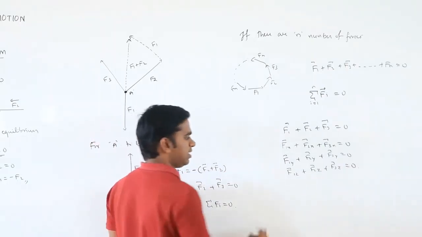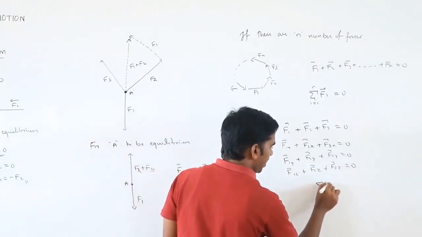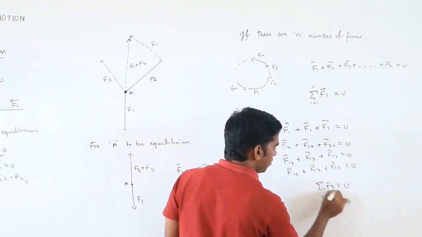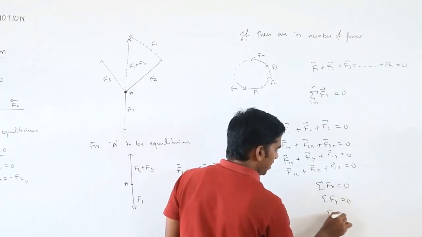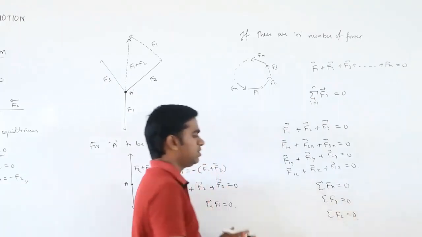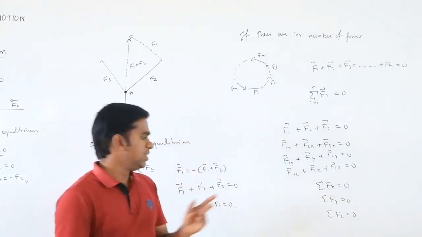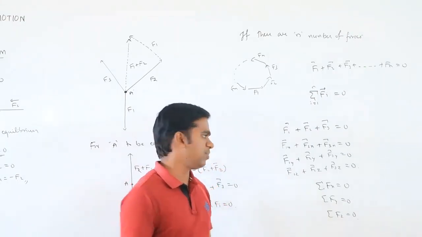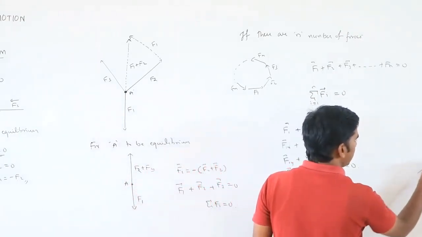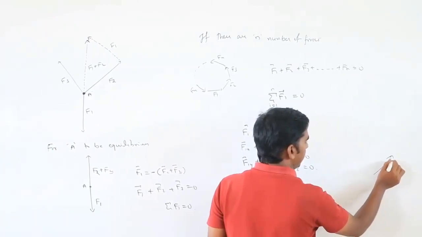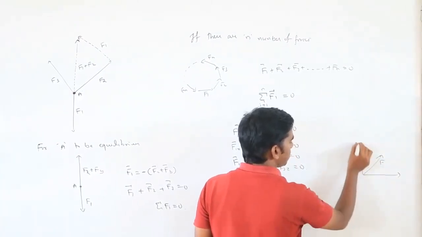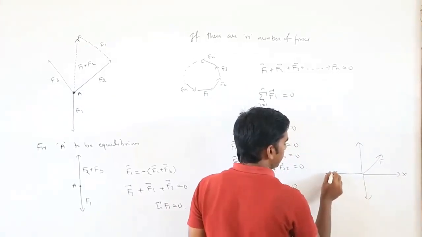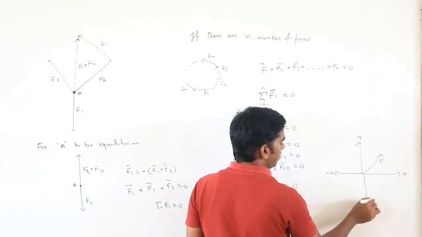That means what I am writing is summation of Fx equals 0, summation of Fy equals 0, summation of Fz equals 0. That means when you resolve something, the sum of the components should also be 0. Suppose you take some force over here, with x, y, z axes, x axis and minus x, y and minus y.